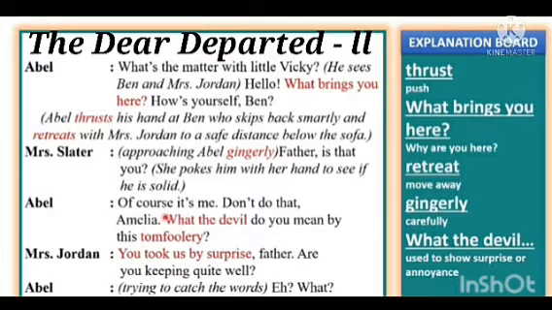She approached her father very carefully and asked him, "Father, is that you?" And here she pokes him with her hand to see if he is solid.